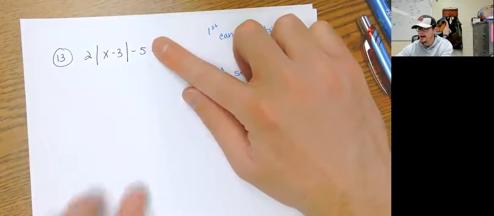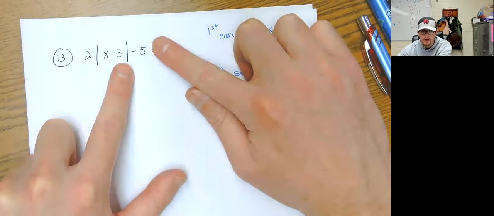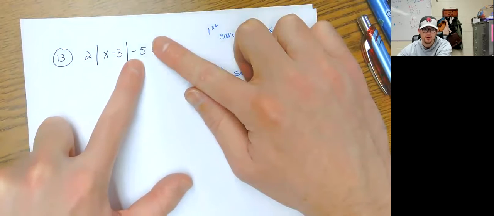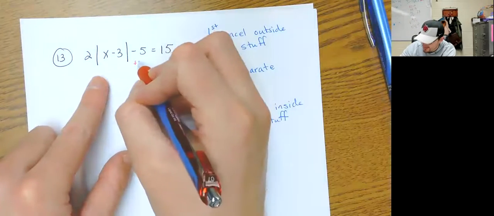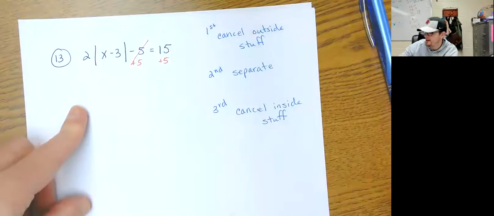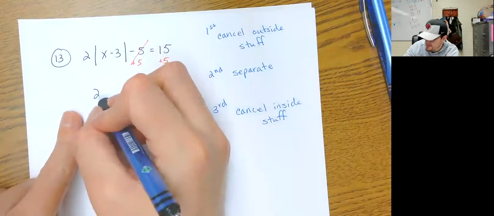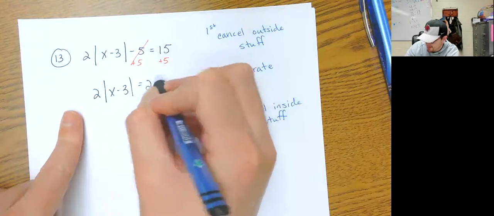All right, so if these were the steps, first I cancel out the outside stuff. I have stuff on the outside. This is in the same order that you would do in solving equations. So first I cancel out the subtraction, so I add 5 and add 5. I'm left with 2 absolute value of x minus 3 equals 20.